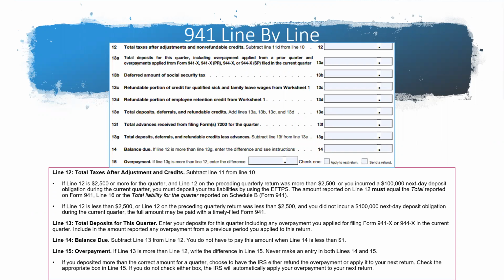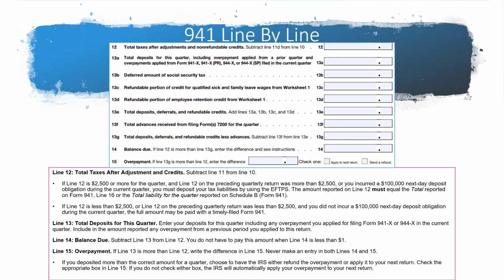Line 13B, again, was courtesy of COVID. It's the deferred amount of Social Security tax. Interestingly enough, the second quarter Form 941 that came out and the third quarter Form 941 that came out, that line said deferred amount of employer Social Security tax, because it was only the employer that was allowed to defer that for a while, until there was a new law put in place that said that employees could also defer Social Security tax should their employer choose to allow them to.